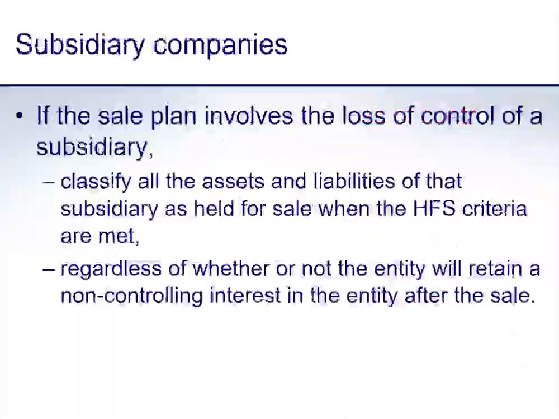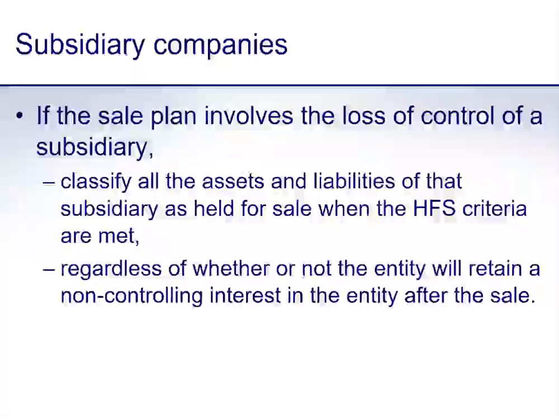Sometimes your plan to sell may involve the loss of control of a subsidiary company. Again, while I might own 75% of this entity at this point in time, I don't intend on disposing of the entire shareholding. I might intend on keeping 15, 20% when I'm done.